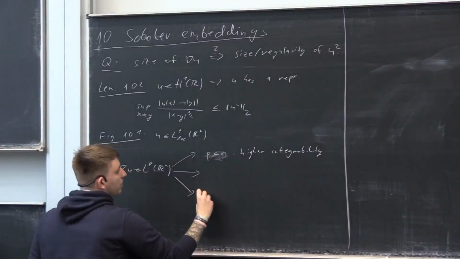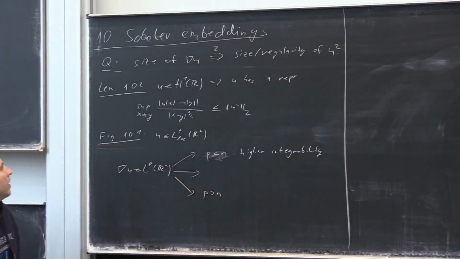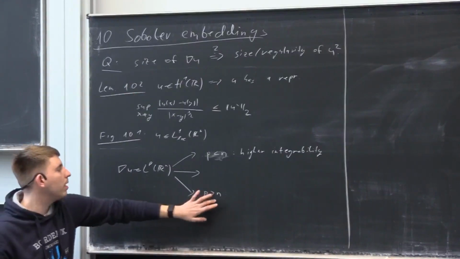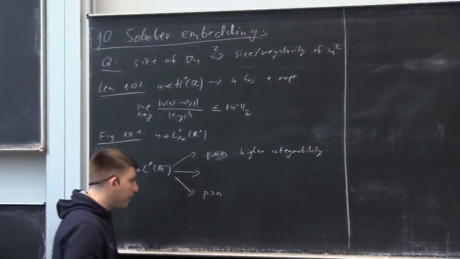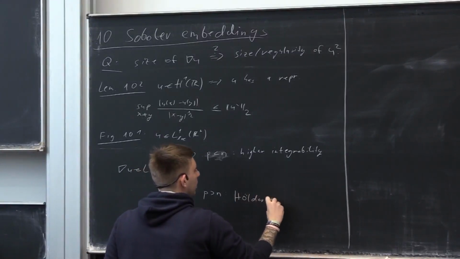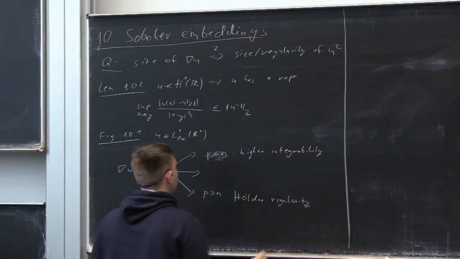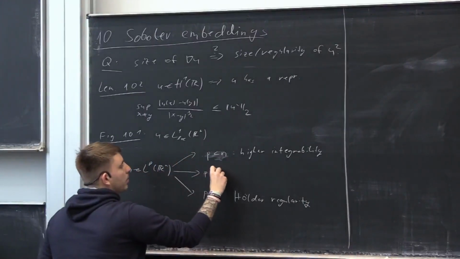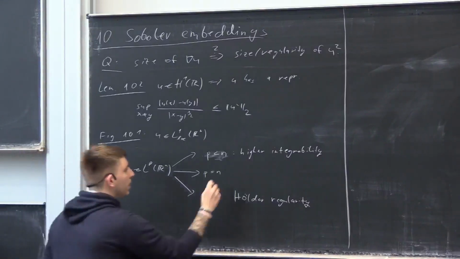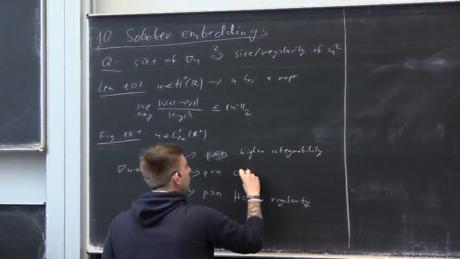Then we have a supercritical case where p is strictly larger than n. This corresponds to the case here, where n was 1 and p was 2. There we get Hölder regularity. And then in between is of course the case where p is exactly the dimension, and this is called the critical case.